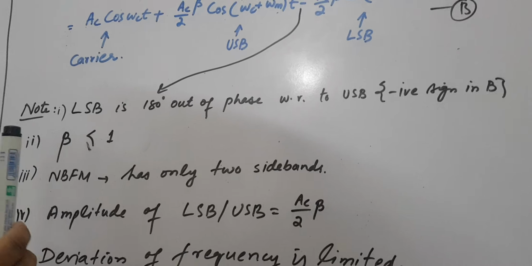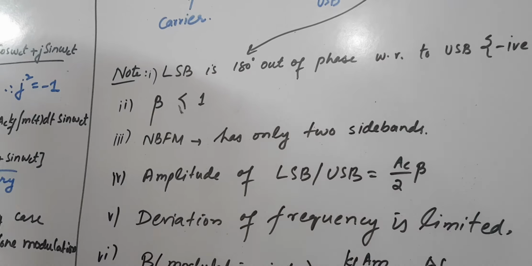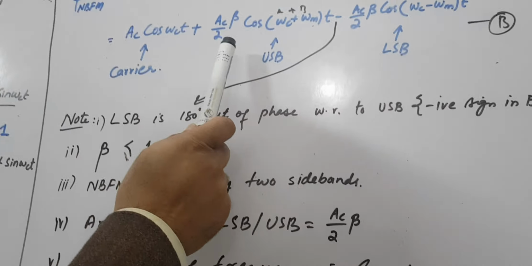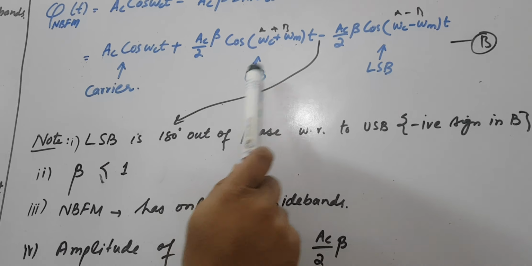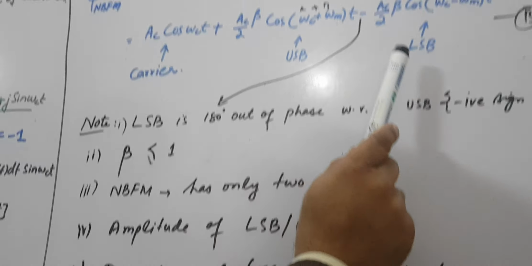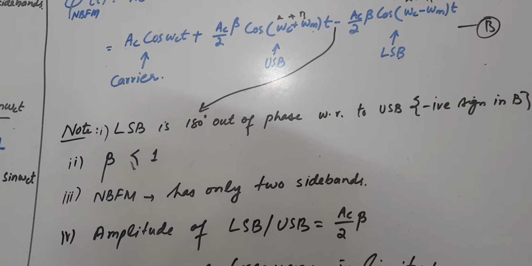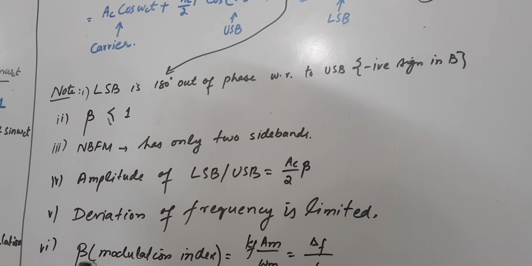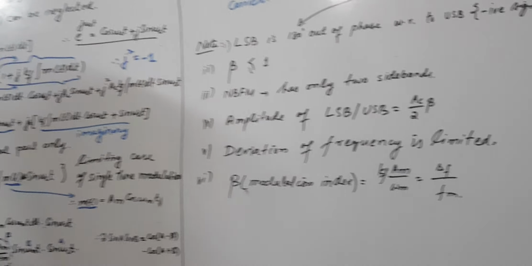The second point is that you are assuming beta, the modulation index, is much less than 1. The other thing is that the narrowband FM signal has only 2 sidebands, upper and lower, and the amplitude of each sideband is AC by 2 beta, the deviation of frequency is limited, and the modulation index is k of f am divided by omega m.